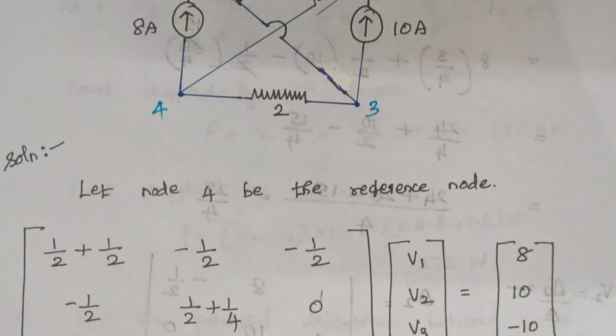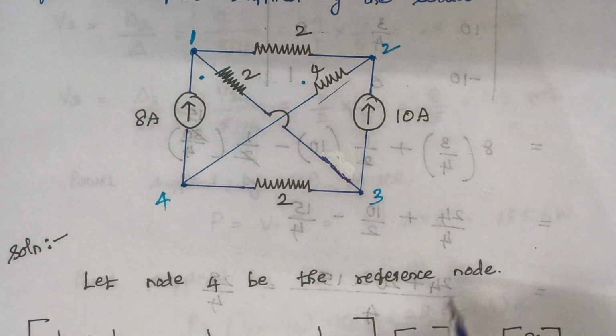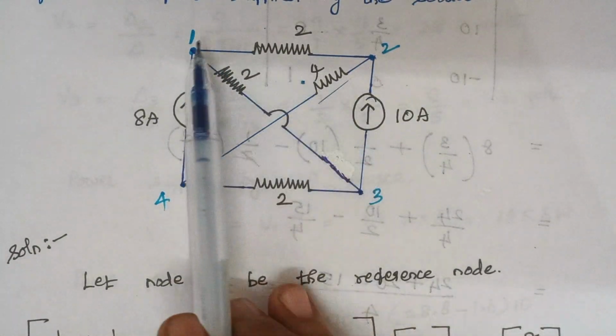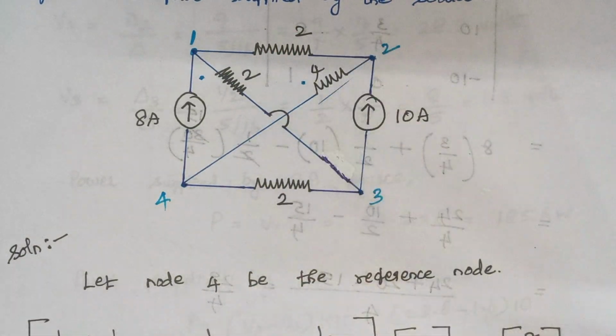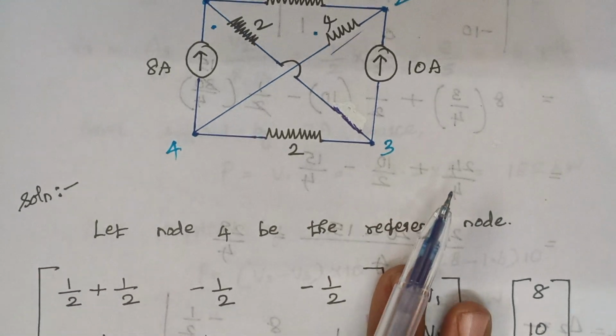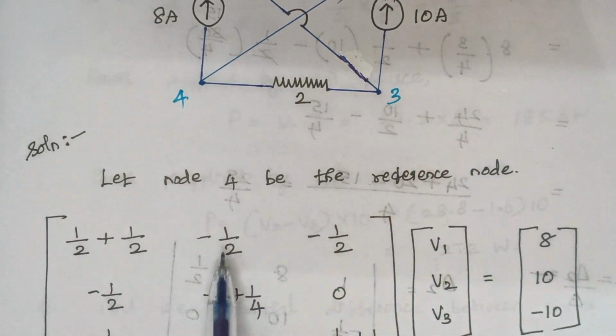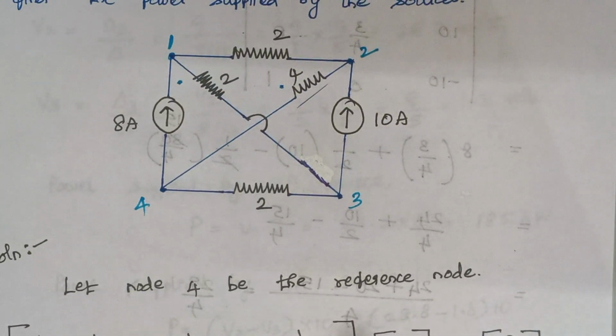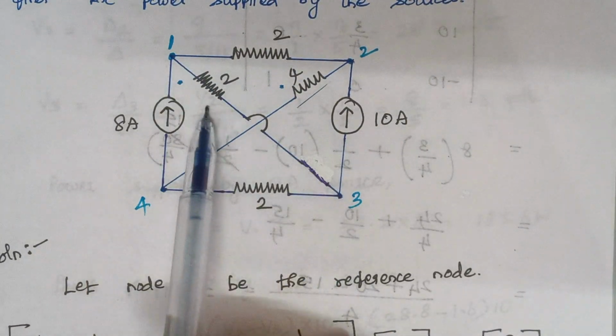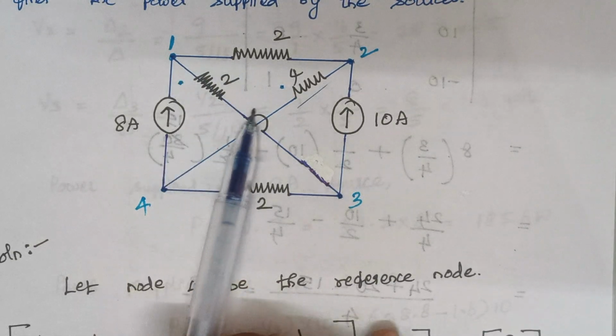Right, so the next thing is a common element between your node 1 and 2. We are having 2 ohms here. So while writing common elements, we have to include a minus sign. So minus 1 by 2 and here minus 1 by 2. Again, when you look at node 1 and 3, we are having a 2 ohm resistor here.